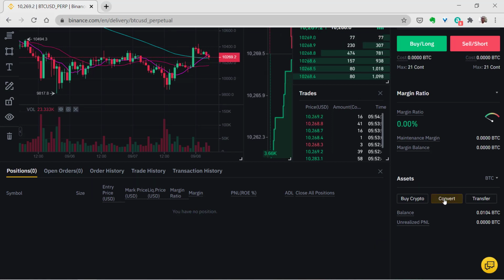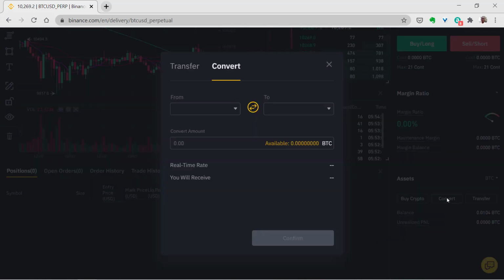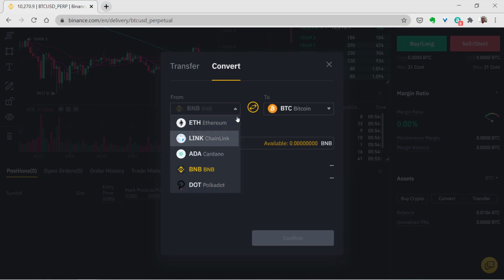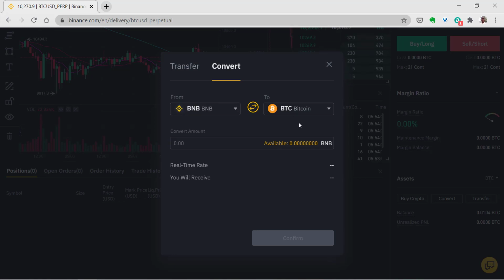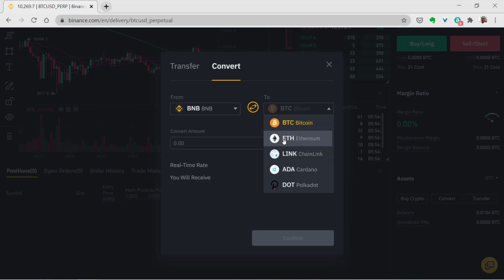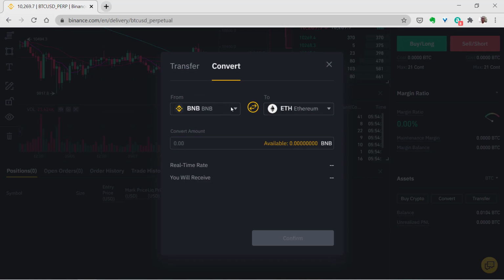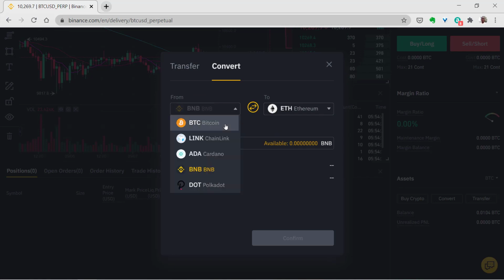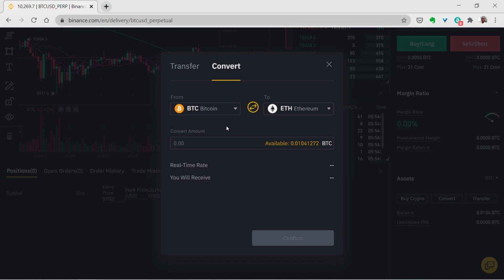Another way is to convert. So this conversion option is very handy. If you are someone holding only Bitcoin, you can convert your Bitcoin or BNB assets and you get a quote right here. Let's say you want to trade on the Ethereum futures contract and you have some Bitcoin. You would be able to convert the amount you want.